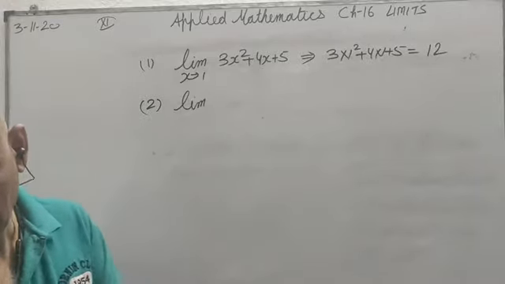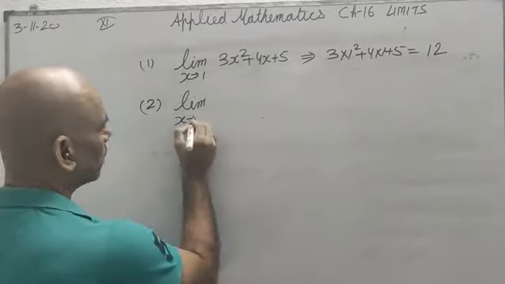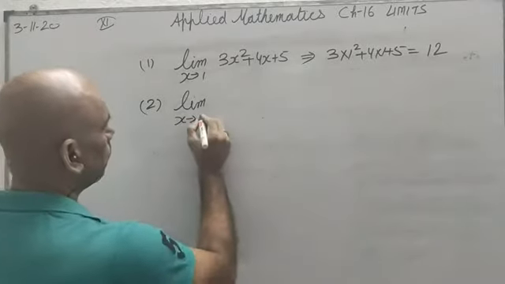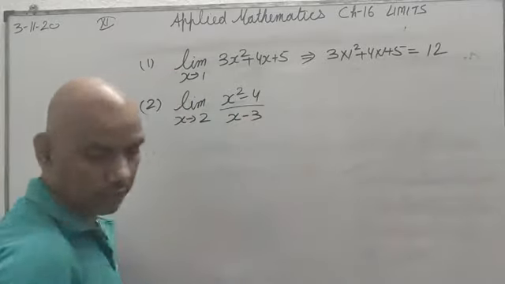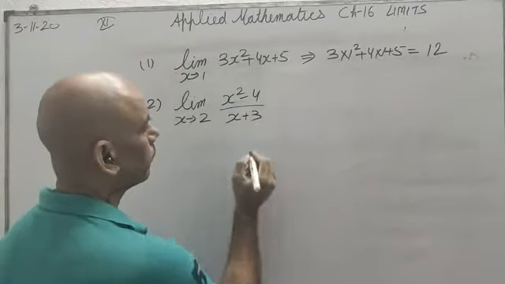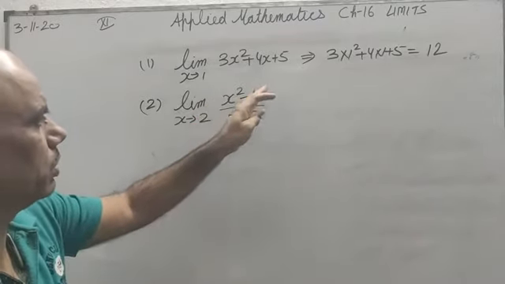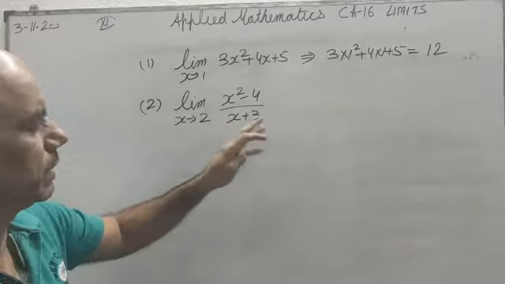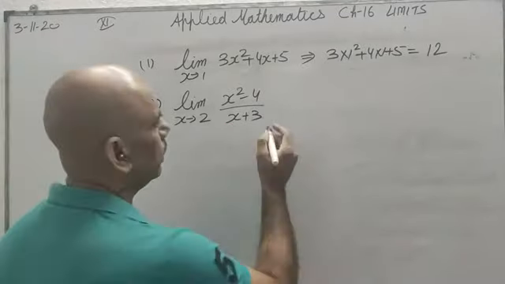Let it be a fraction, let it be a normal function. So x tends to 2. First of all, you should check that it does not go into the indeterminate form. If I substitute 2 at this place, 4 minus 4 is 0 and 2 plus 3 is 5. So 0 upon 5, 0 upon 0 is not there, so it is possible.